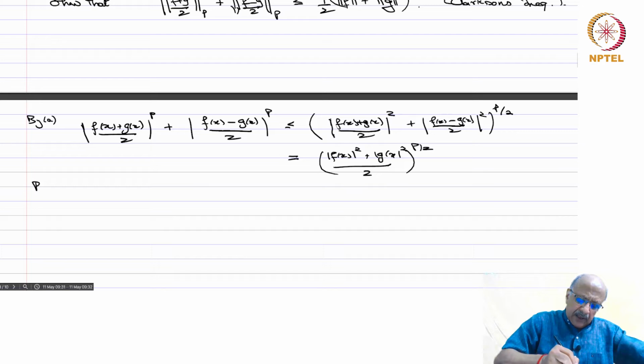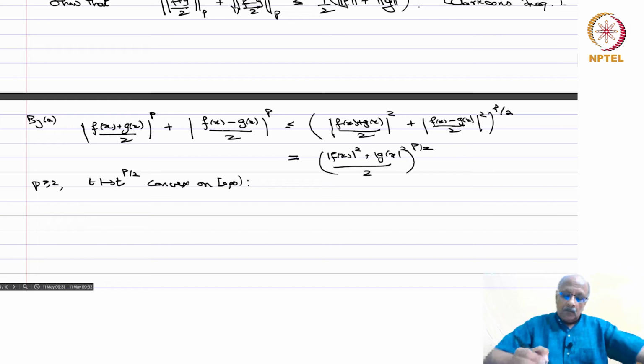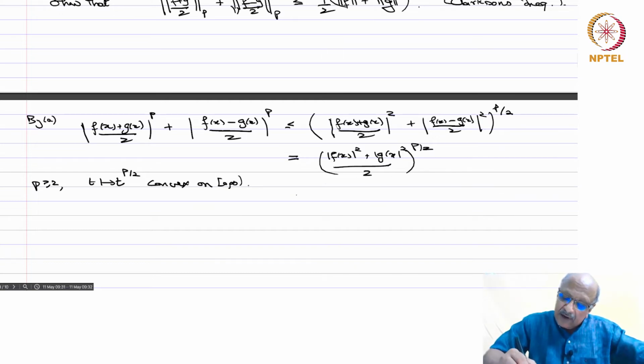Now if p is greater or equal to 2, then t going to t^(p/2) is convex. Take the second derivative, that's a positive number because p is bigger than 2, therefore this is a convex function. So by definition of a convex function, the function at the midpoint is less than or equal to the average.